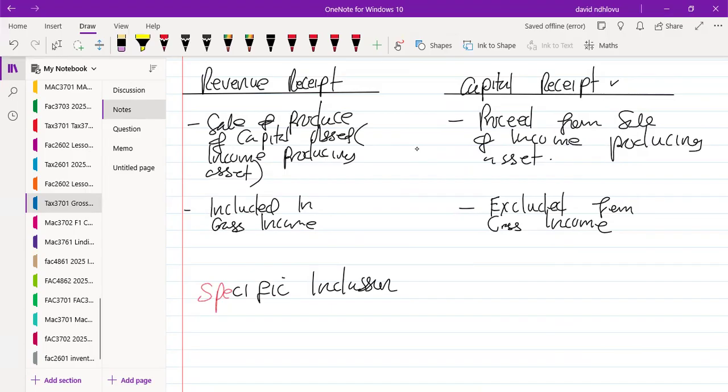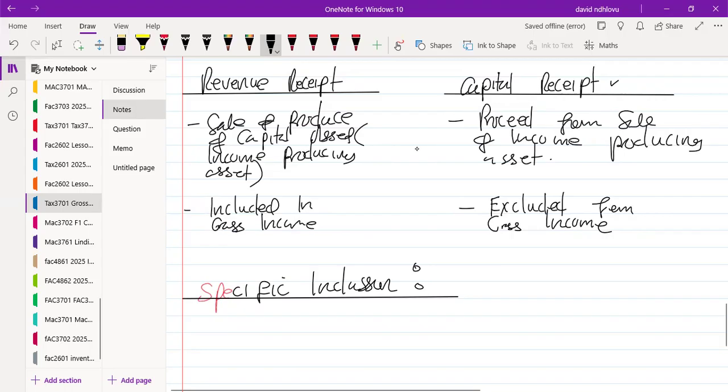When we talk about a specific inclusion, it is any amount that does not satisfy the requirements of the gross income. Maybe we are talking about a capital receipt, which therefore ordinarily should not have been included in gross income. But these are amounts that were identified by SARS. They did not give us even a reason for why they are including them, but they identified these types of transactions and they said, if you come across this one, you should include it in gross income, irrespective of whether it satisfies the definition of gross income or not.